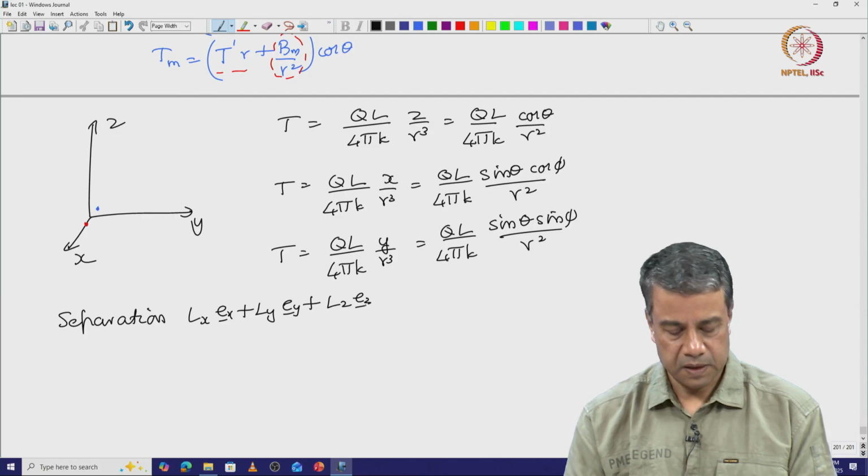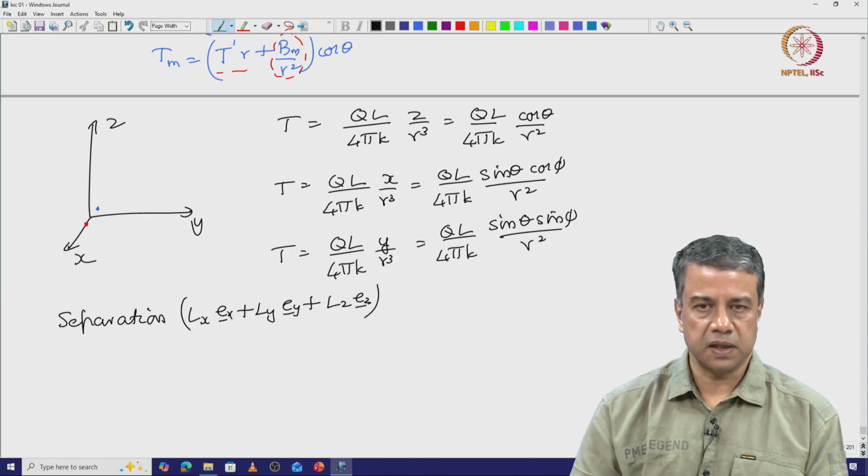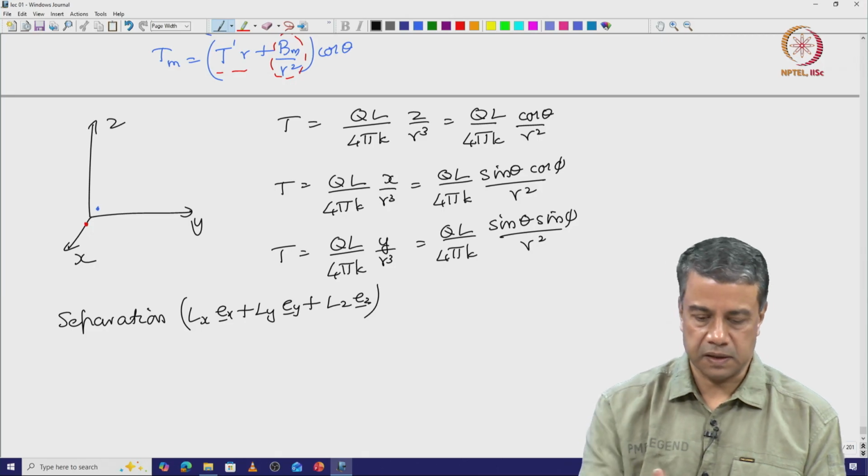If the separation is in some other direction, you can just orient your axis to that direction and then do the calculation again.